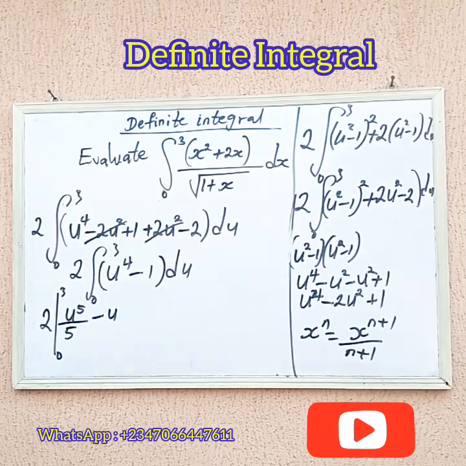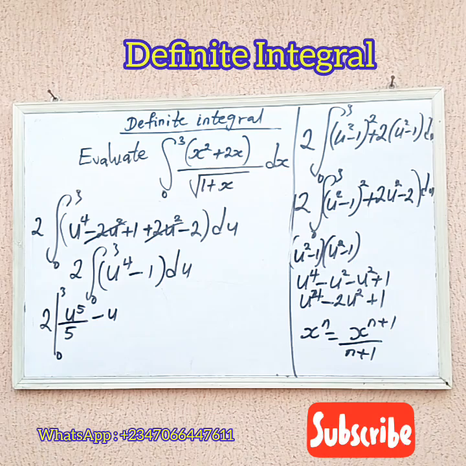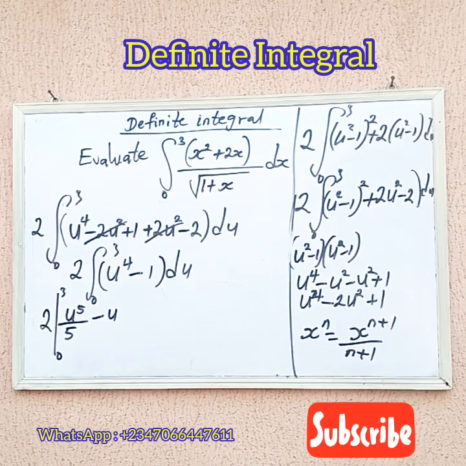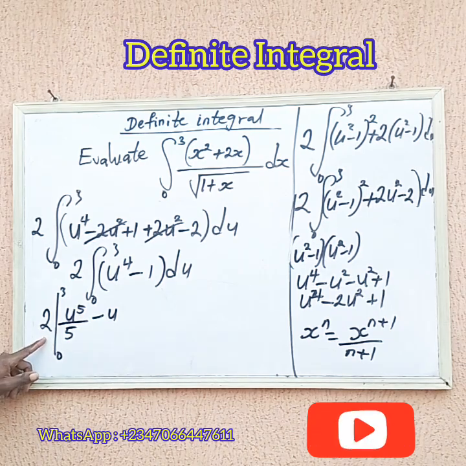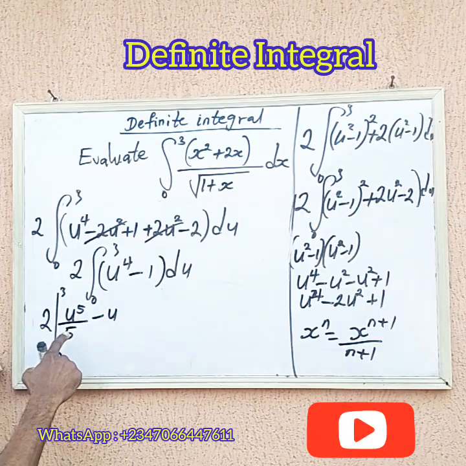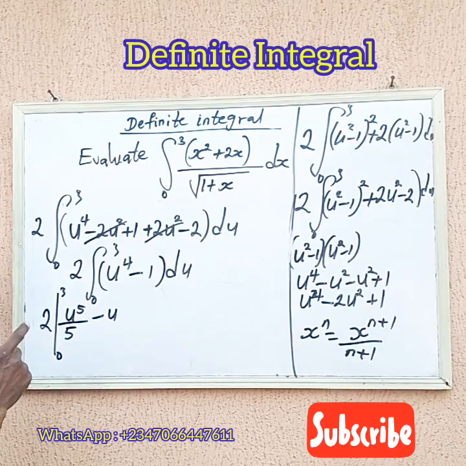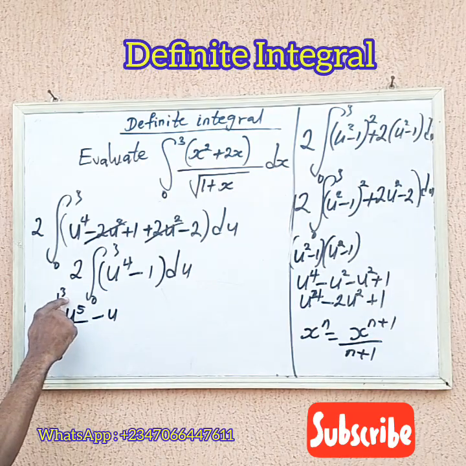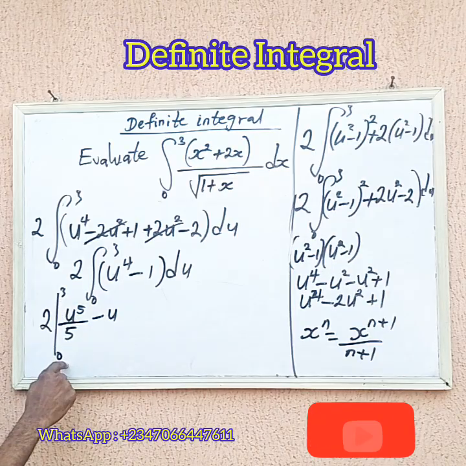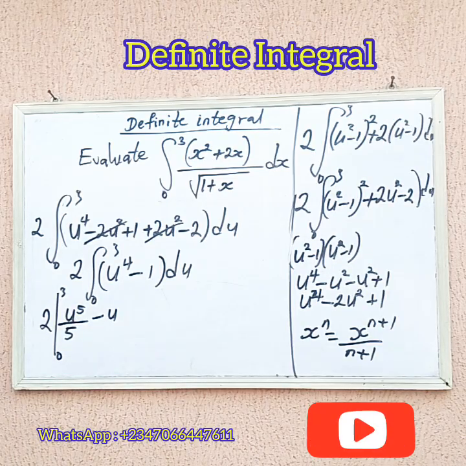So now let us begin to substitute for that. So now, remember this 2 is also here. What we do in a definite integral like this, the value of this upper limit minus the value of the lower limit. So we are going to put back what we have as our u.